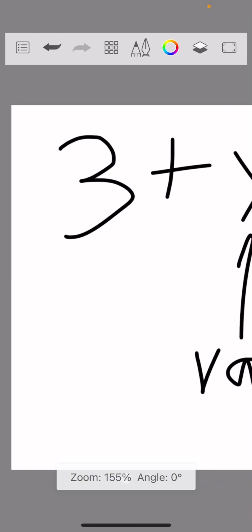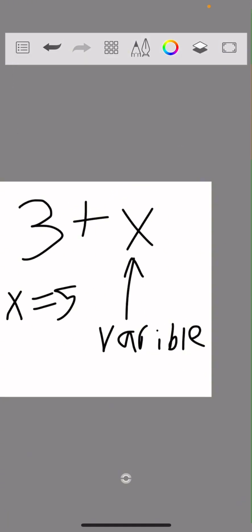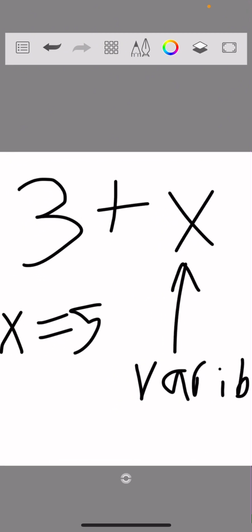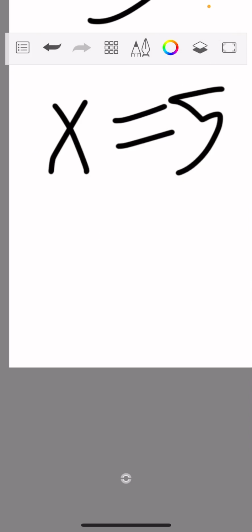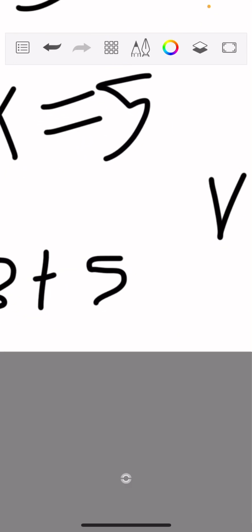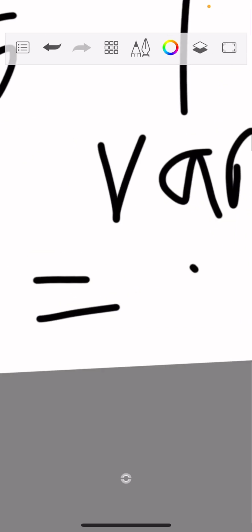Let's start off with x equals 5. So basically that means in that case, 5 is what x represents. So you just fill in the blank. 3 plus 5. 5, 6, 7, 8.